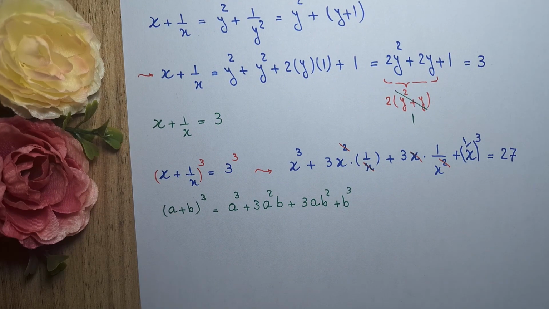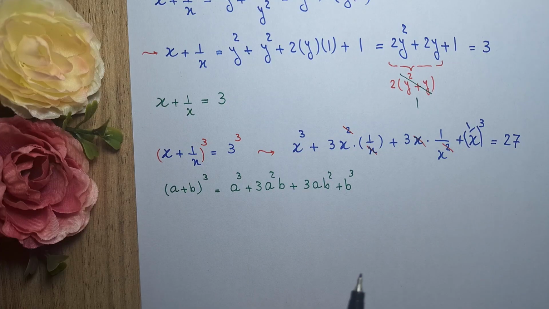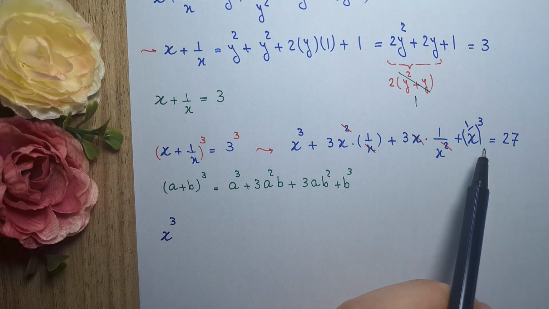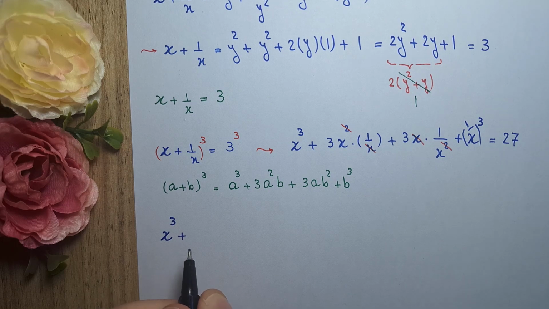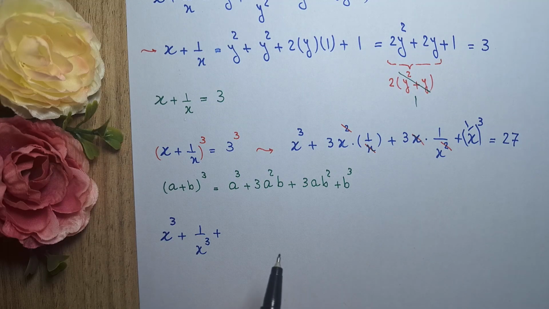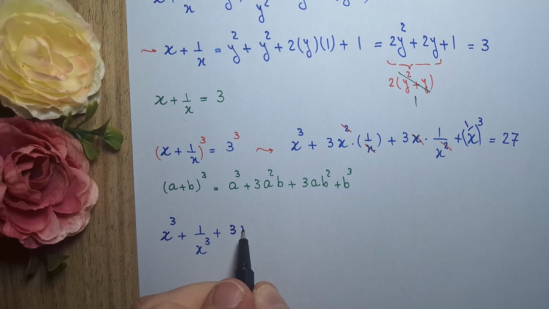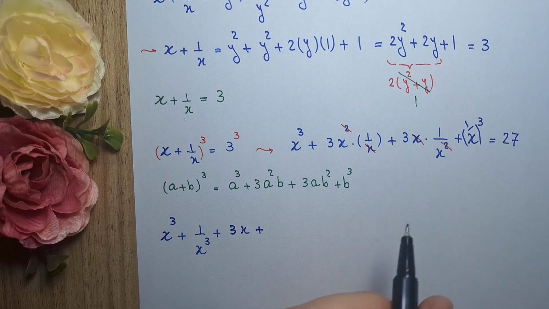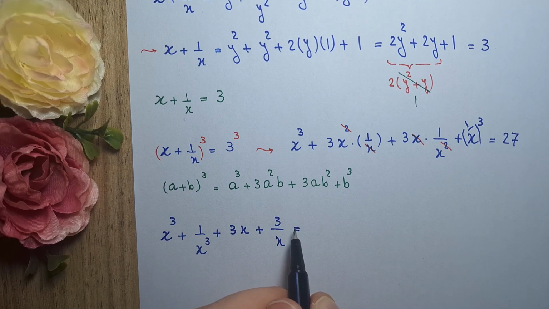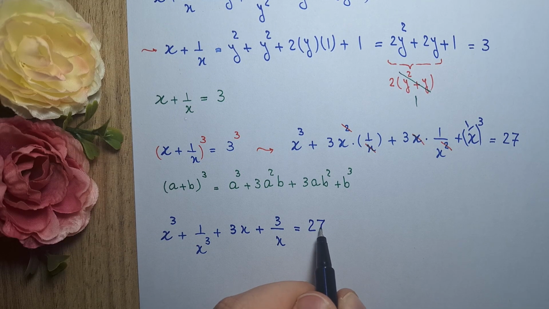Okay, now I want to rewrite this equation like this: x power 3 plus 1 over x power 3 plus these two terms, 3x plus 3 over x, and this is equal to 27.